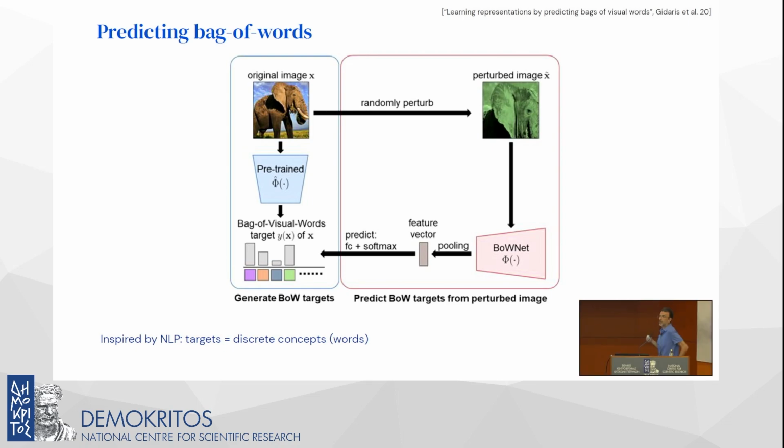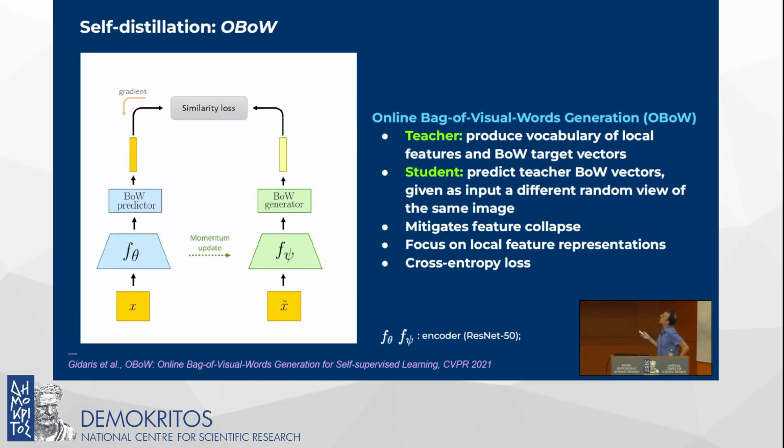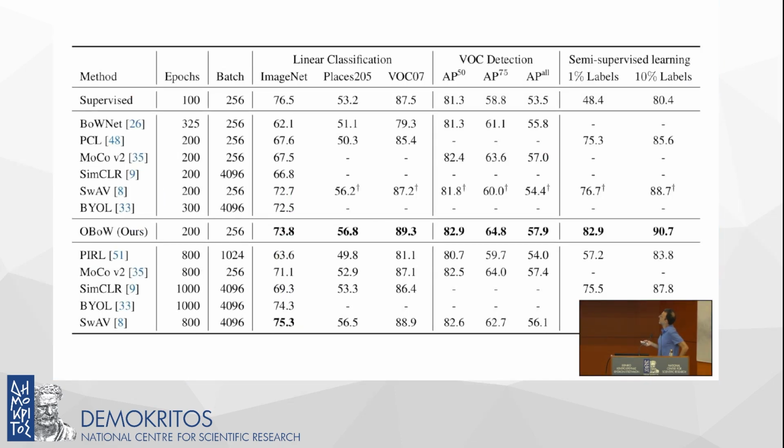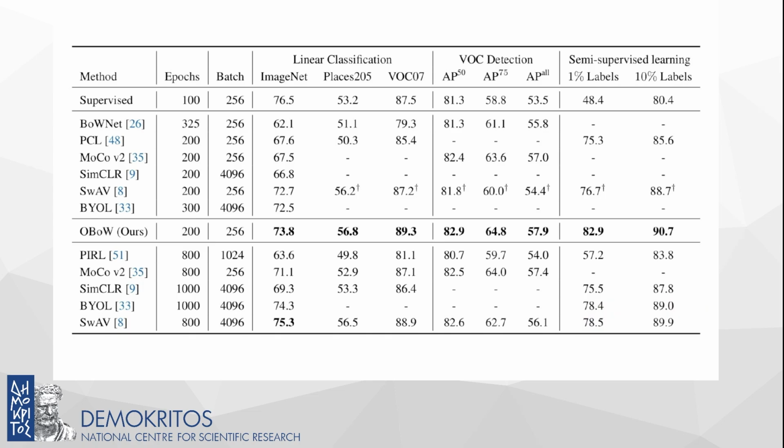You can, again, bootstrap the whole process. So you start with some encoder, and as the training progresses, this encoder improves and gets better and better, meaning that you get better visual words as the training progresses, better visual concepts. And this works very, very well. This is the OBoW approach. And in terms of results, at the time of publication, it was giving very good results compared to state-of-the-art contrastive, self-distillation or regression approaches.